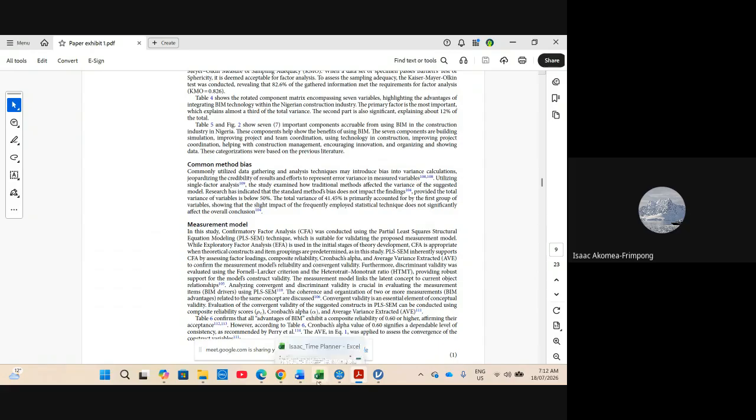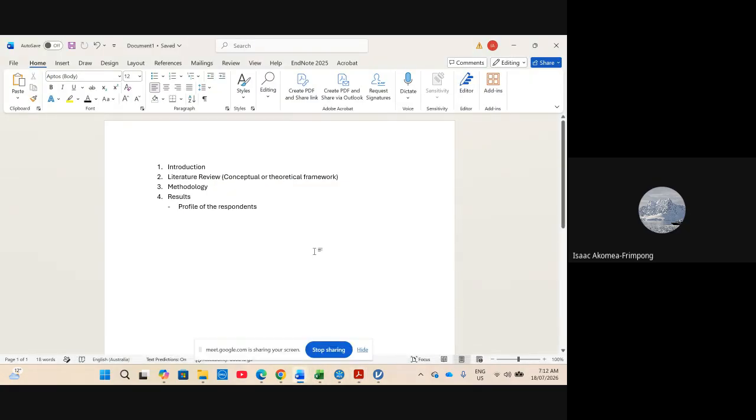Everybody take note. So once again, if you are using EFA, categorize factors into components. Please take note of this.